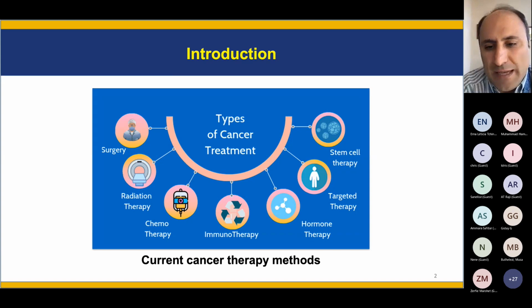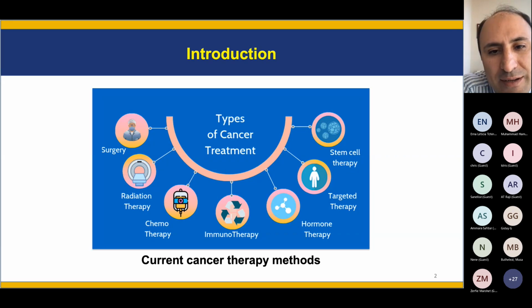As many of you know better than I do, the current methods for cancer therapy include surgery, radiation therapy, and chemotherapy. These three are the main therapeutic ways to treat cancer. But there are some other methods to treat cancer, like immunotherapy, hormone therapy, targeted therapy, or stem cell therapy.